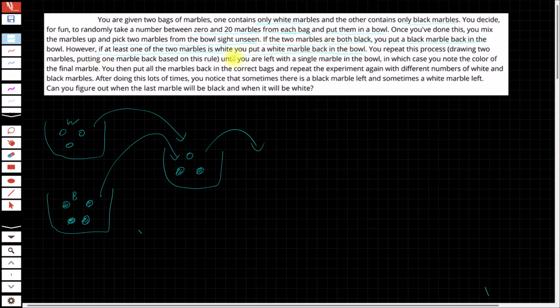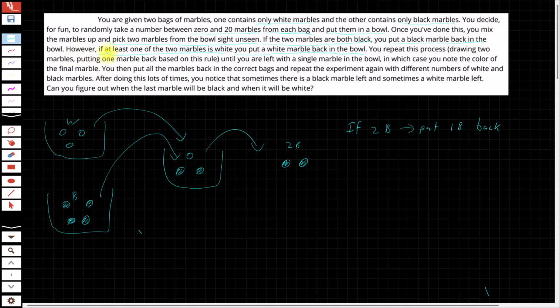Now here's that rule they were talking about. So if the 2 marbles are black, so if we have 2 black marbles, you put a black marble back in the bowl. So let's write this rule down. So if 2 black, put 1 black back.